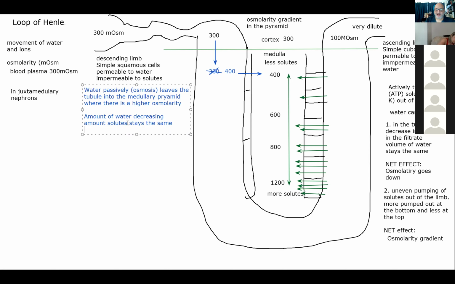So essentially we're concentrating the filtrate. And more importantly, that causes the osmolarity to increase, and as we just pointed out, it is going to increase until it reaches equilibrium with the surrounding interstitial fluid.